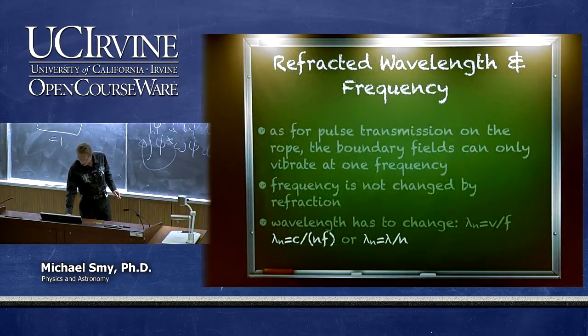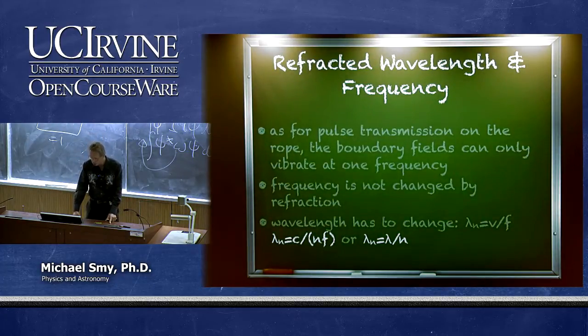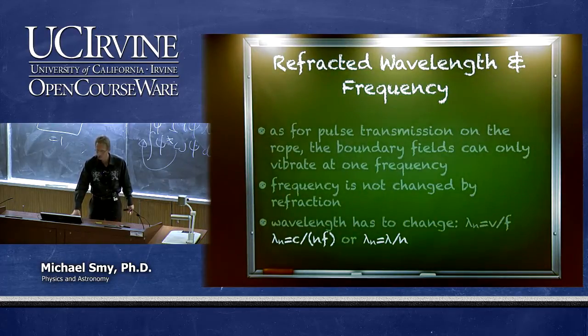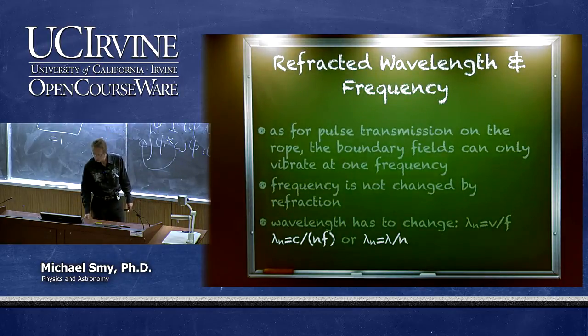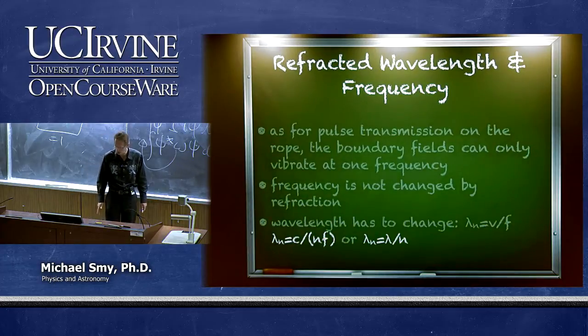So one last remark about refraction. Just like for the pulse transmission that we discussed for waves on a rope, at the boundary, the fields can only vibrate at one particular frequency. And therefore, the frequency of the waves is not changed by the refraction.